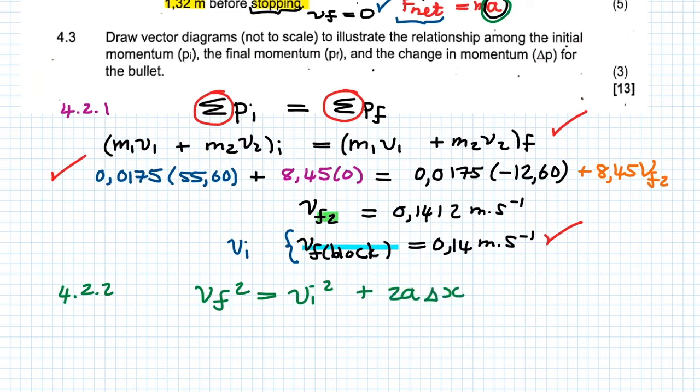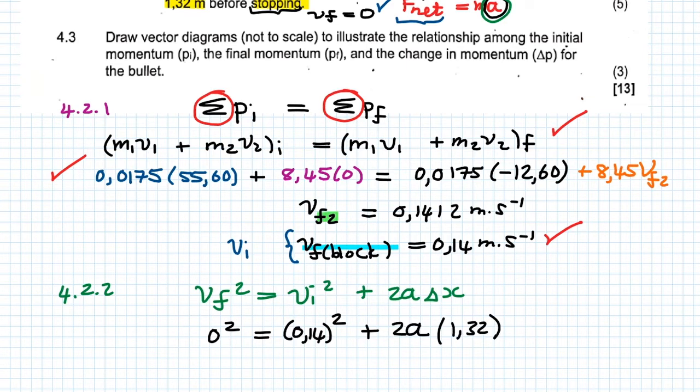We know the final velocity is 0 because it comes to a stop. At the start of its motion along the table, its initial velocity is 0.14. This is towards the right, so we keep it as positive. And then we say plus 2 acceleration, which we don't know. The distance was given to us as 1.32 meters.